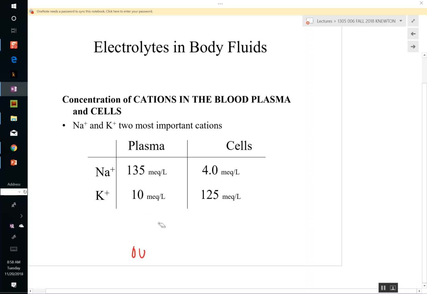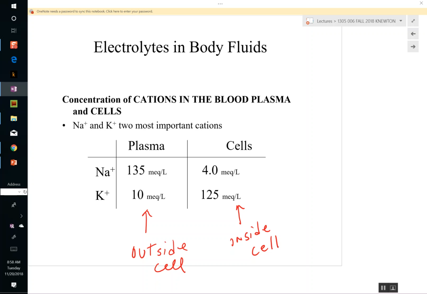Outside. So here we're looking at outside the cell. And that's inside. Inside the cell. This is really pretty fascinating. And maybe you've come across this in anatomy and physiology or some other courses you might be in or will be in.